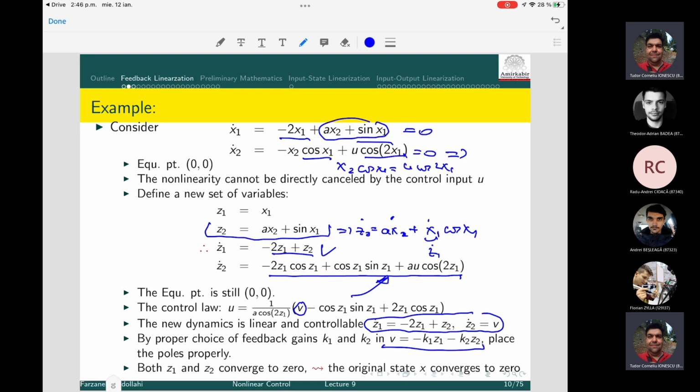You see what I mean? It's not the same as looking at the linearized system. The linearized system is a different object. The linear system obtained here in closed loop is the same type of object as the nonlinear system.